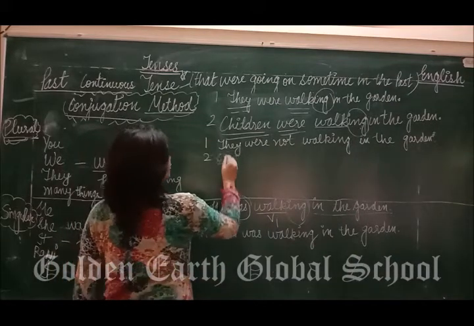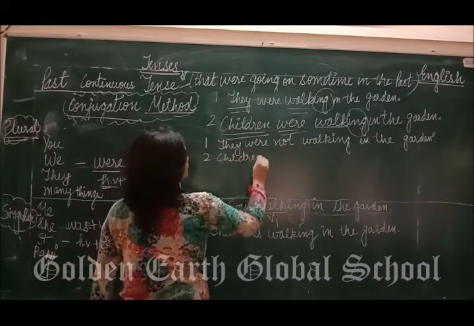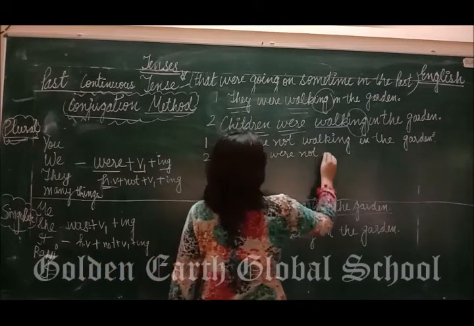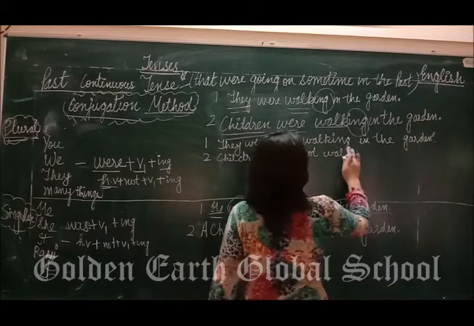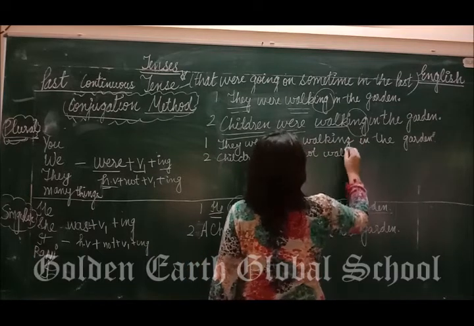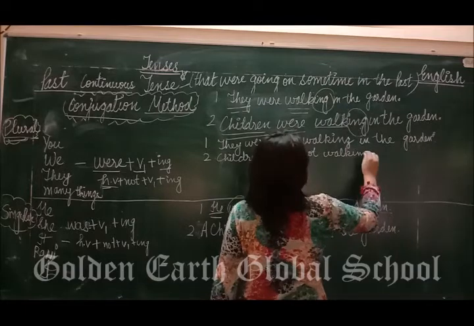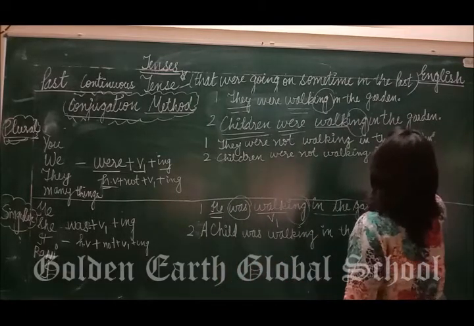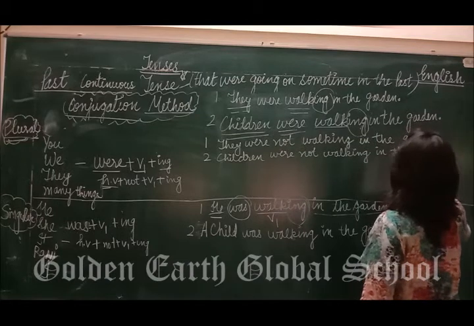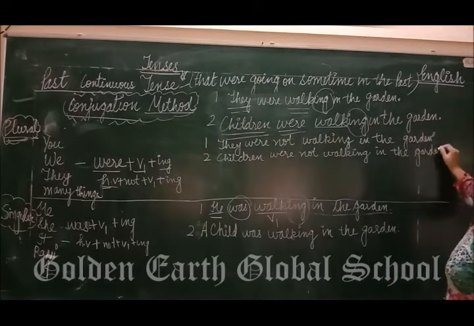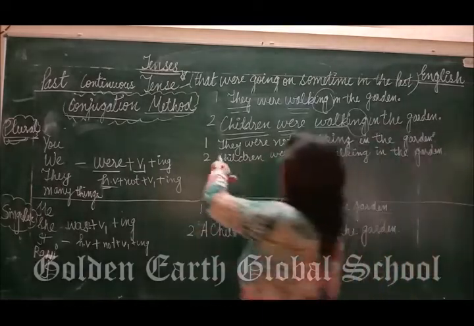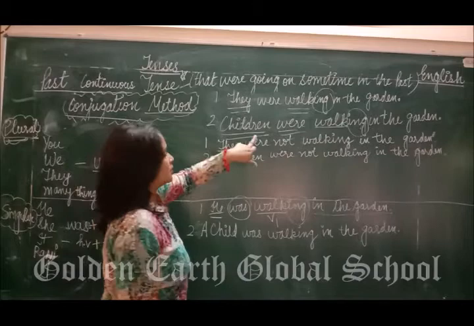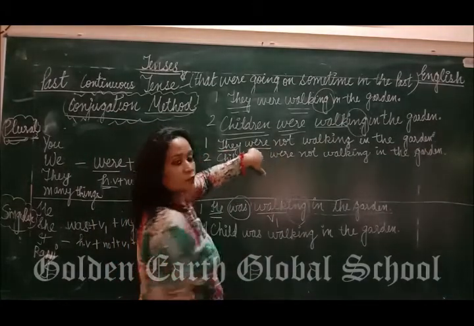Let's talk about children. Children were not walking in the garden. Right? Means we have used subject, afterwards helping verb, were.